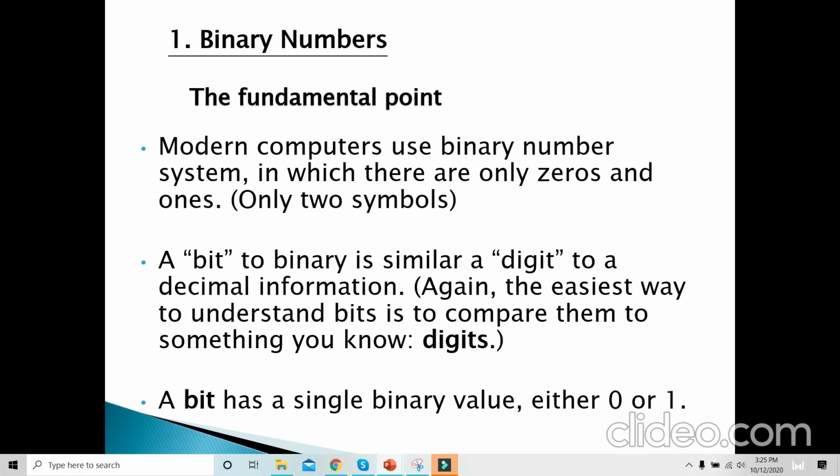Again, the easiest way to understand bits is to compare them to something you know, which is digits: digits for the decimal number system, bits for the binary number system. A bit has a single binary value, either 0 or 1, since the binary system has only two possible numbers. Either of those is considered 1 bit.